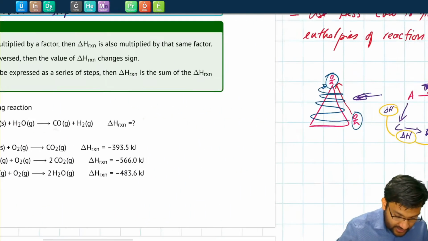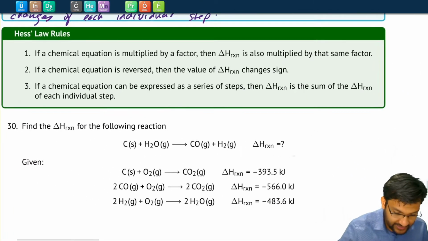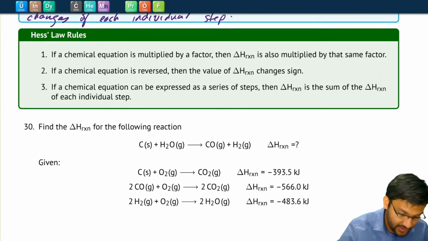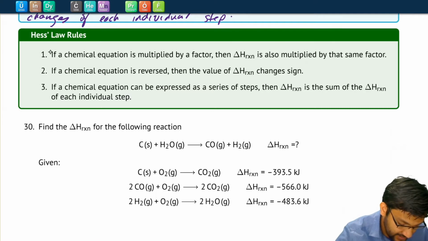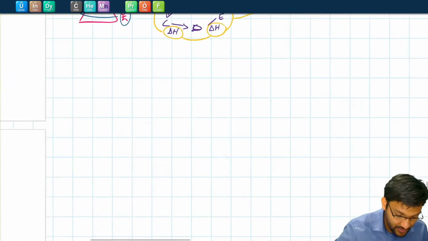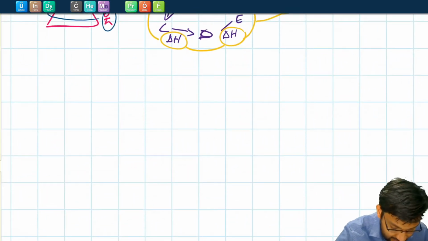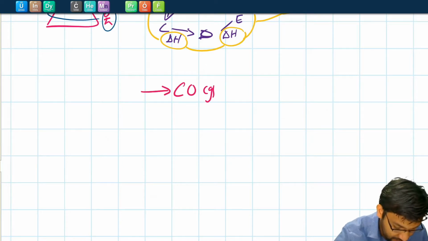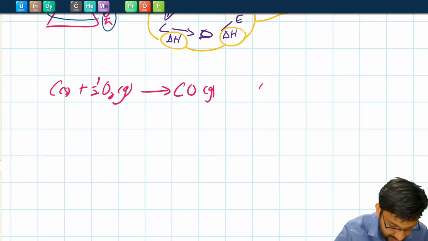Okay, so here are some simple rules when we're dealing with enthalpy changes in reactions. The first says that if a chemical reaction is multiplied by a factor, then the delta H is multiplied by that same factor. What does that mean? Well, we talked about carbon monoxide in the standard enthalpy of formation being formed from carbon solid plus half an oxygen molecule gas, and this will have a standard enthalpy of reaction.